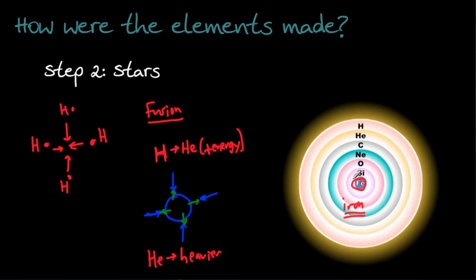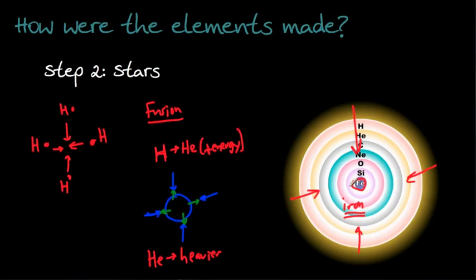So then the next thing is, what happens when it can't make heavier than iron? Well, remember what happens. It can't push outwards anymore, so that means everything collapses. So this entire star, basically everything, is going to end up coming inwards. We actually say it goes in free fall. It's going to go really, really fast.